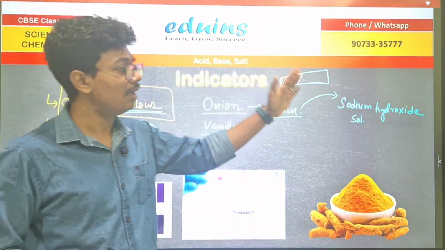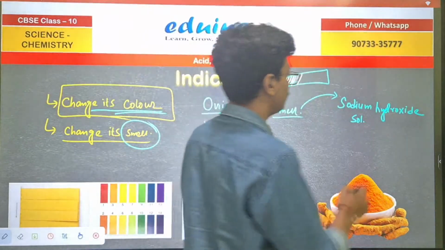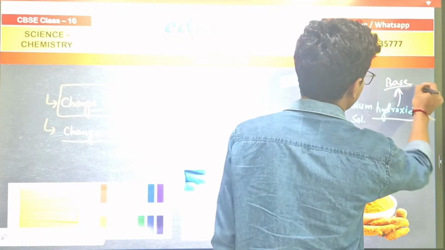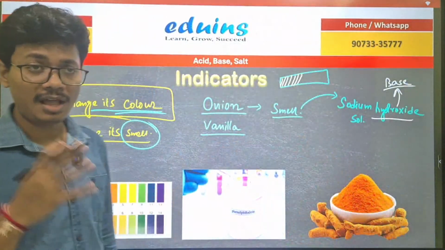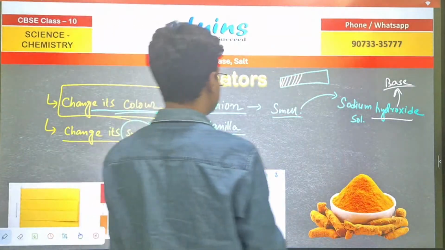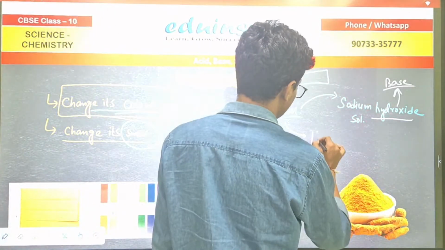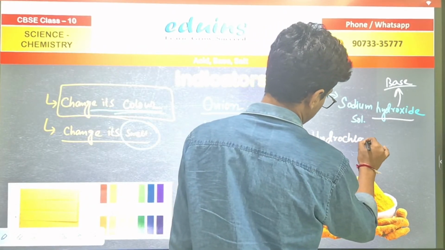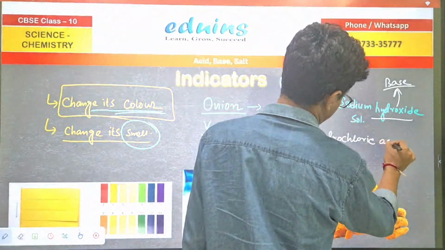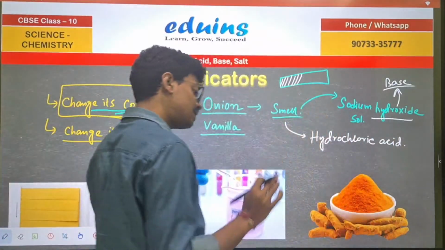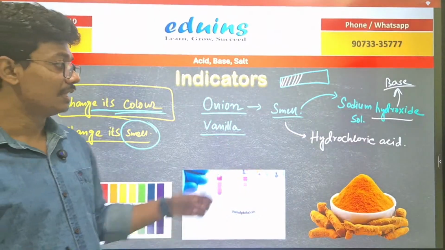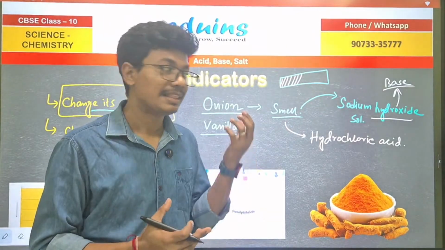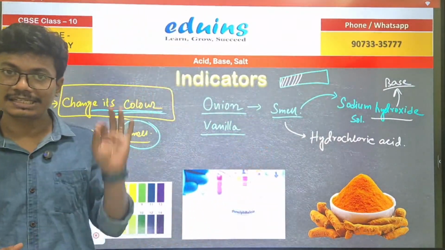Why? Because sodium hydroxide, which is a base, destroys the smell of the onion. But when the onion juice is put into hydrochloric acid, you still get the smell, because the acid does not destroy the smell of the onion. That's how we can identify the acid and base.